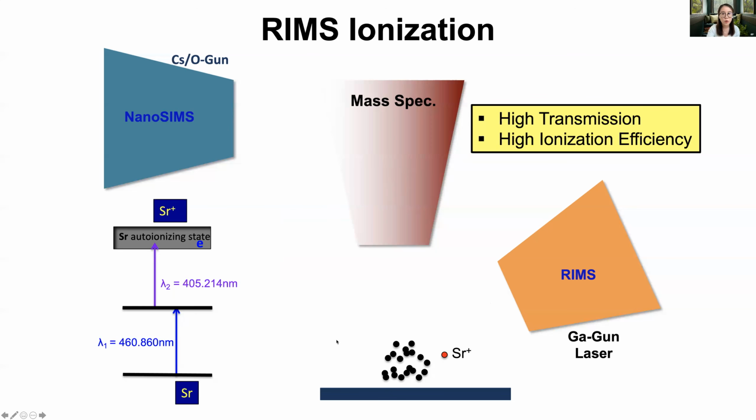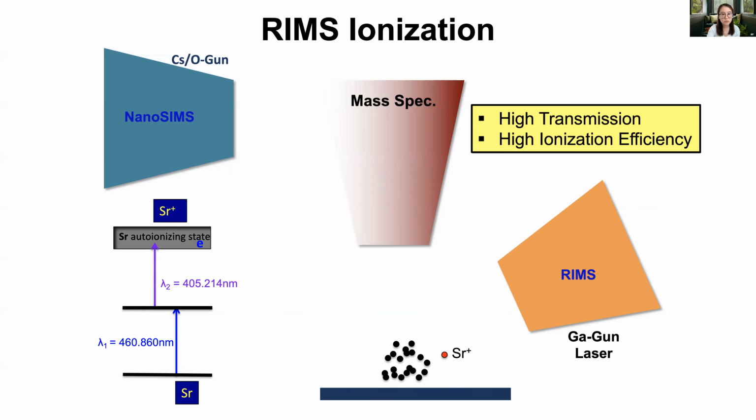For example, if we want to measure strontium isotopes, we need to have two post-ionization lasers with their wavelengths tuned to these numbers in order to only ionize strontium atoms in the cloud with high efficiency. And this process is called resonance ionization.